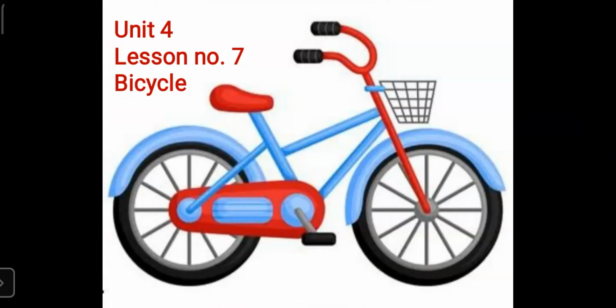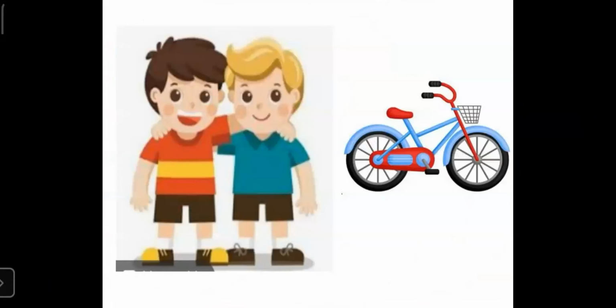So in this lesson, what we are going to learn, children? In this lesson, we are going to learn about two friends and a bicycle. This is a lesson about two friends and one bicycle. What are we going to learn in this lesson, children?